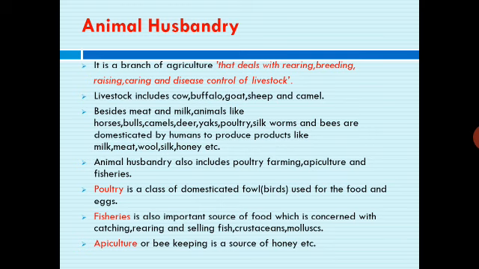Poultry is a class of domesticated fowl, the birds used for food and eggs. Fisheries is also an important source of food, concerned with catching, rearing and selling fish, crustaceans and mollusks, whereas apiculture or beekeeping is a source of honey, etc.